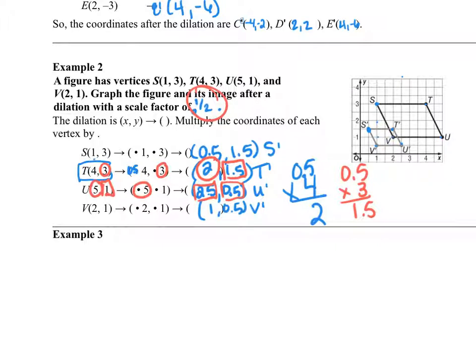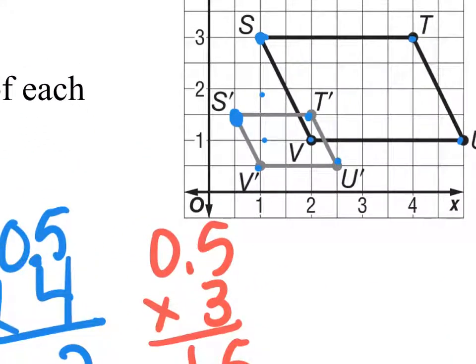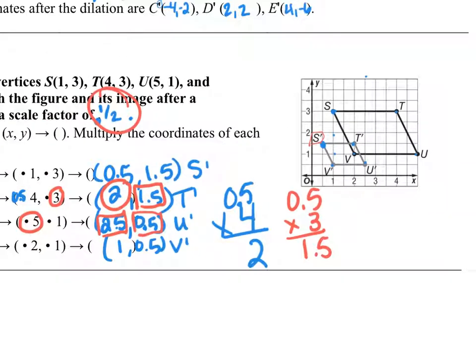Then they went and placed all those dots. So S prime, see it's marked right there? Let me go over this just in case. S prime, we decided, was 0.5, 1.5. So that's that dot right there.